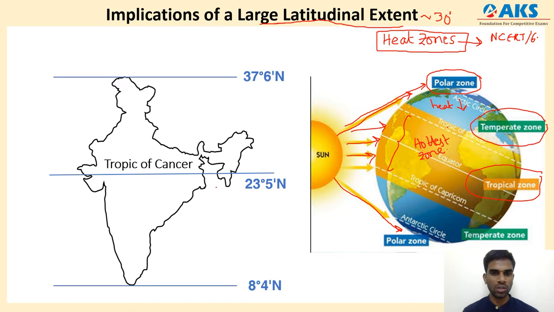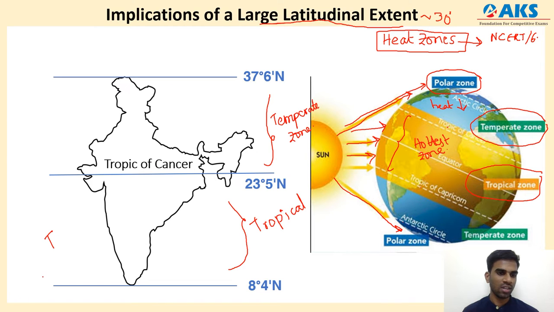So if you come to the India map, we can see that the southern part of India falls under the tropical zone, whereas the northern part of India falls under the temperate zone. So basically in the tropical zone, the range of temperature in a day or in a year is usually less.